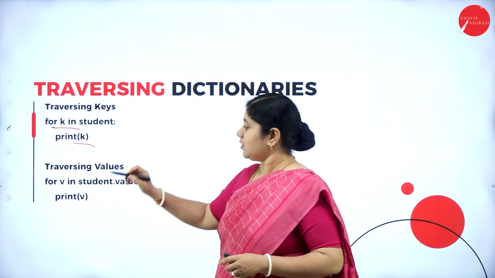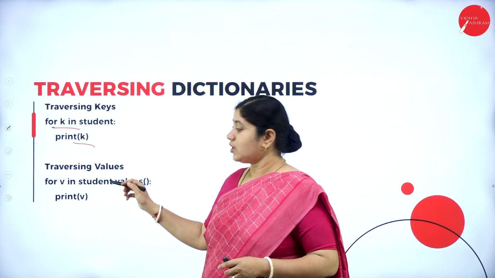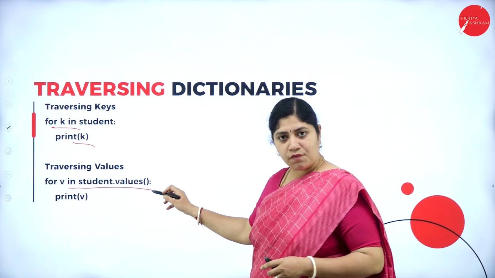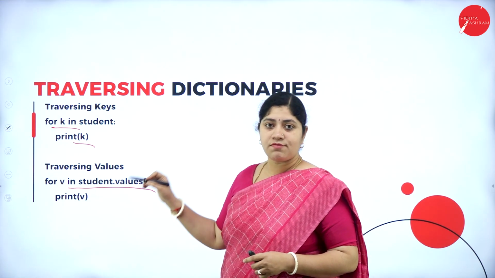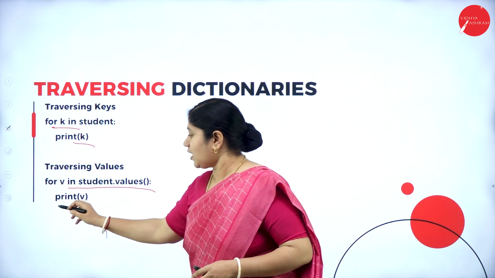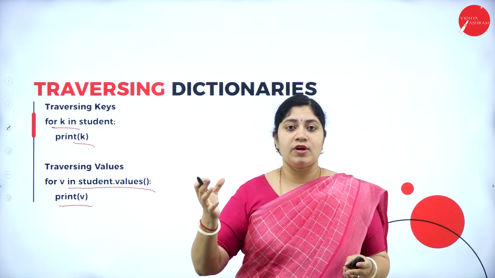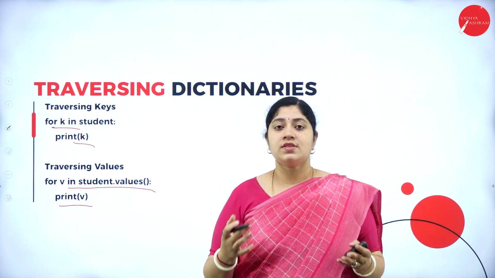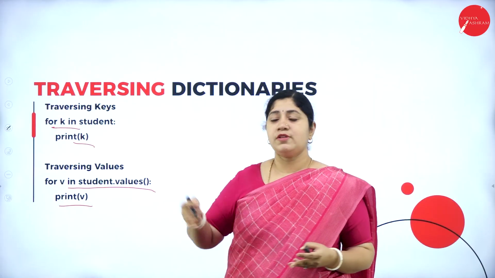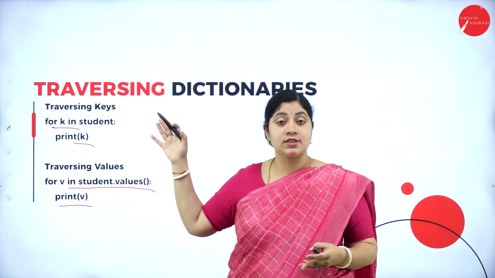Next, for traversing values, we can go with a for loop where we are defining values. For that, the next thing we have to do is to print the elements one by one. So this is how the traversing can happen with respect to values as well as keys.